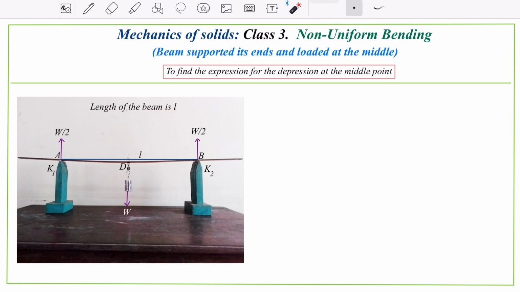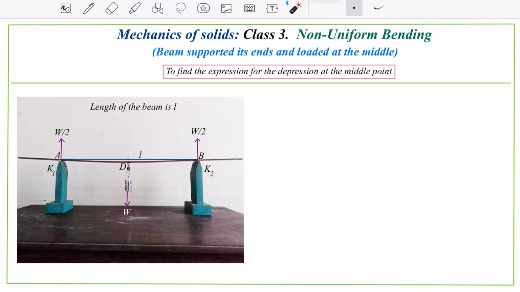Now in the picture, AB represents a rigid uniform beam which is resting symmetrically on two knife edges K1 and K2.